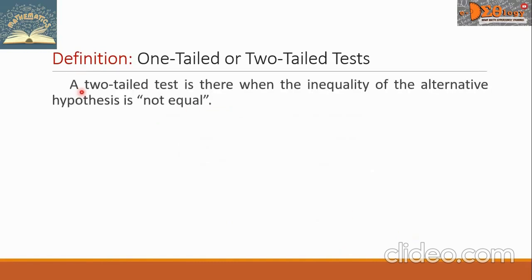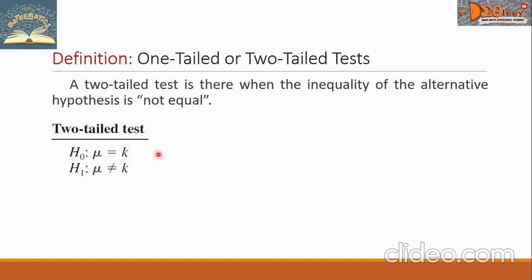On the other hand, a two-tailed test is there when the inequality of the alternative hypothesis is not equal. Problem will come to you like this.